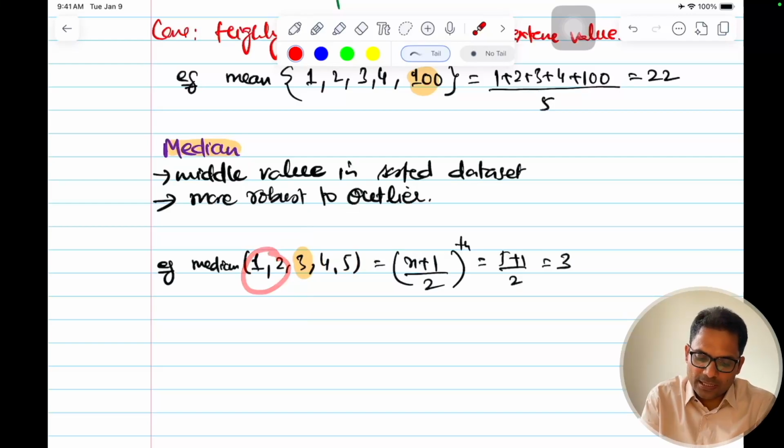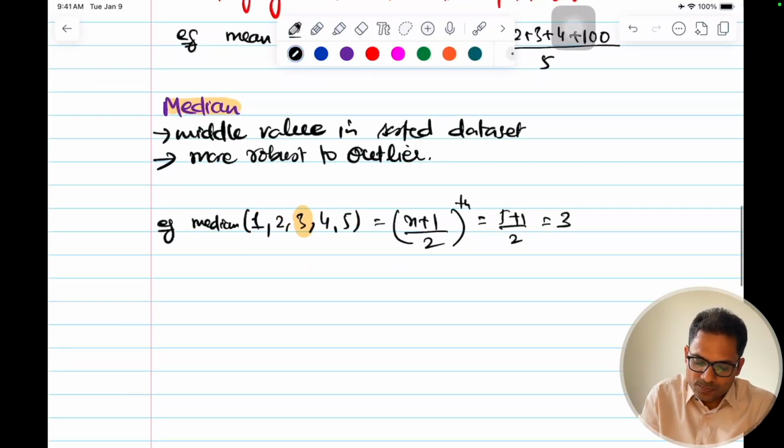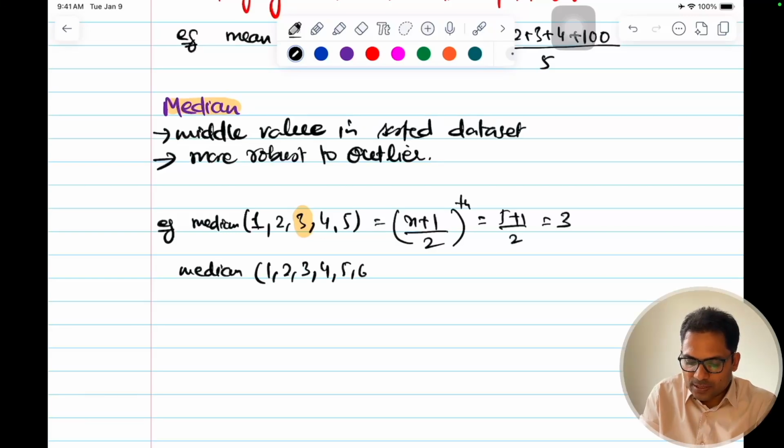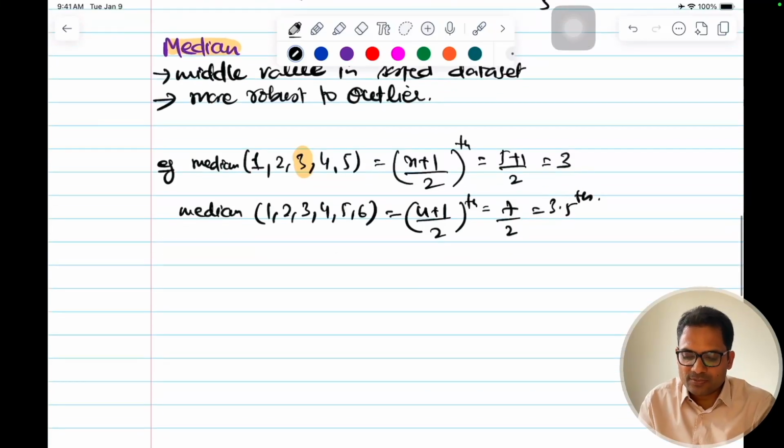And if n is even, then what do we do? For example, the median of 1, 2, 3, 4, 5, 6. Then this is the (n plus 1) by 2th, so that is 7 by 2, that is the 3.5th element. What is the 3.5th element? In the middle of 3 and 4.